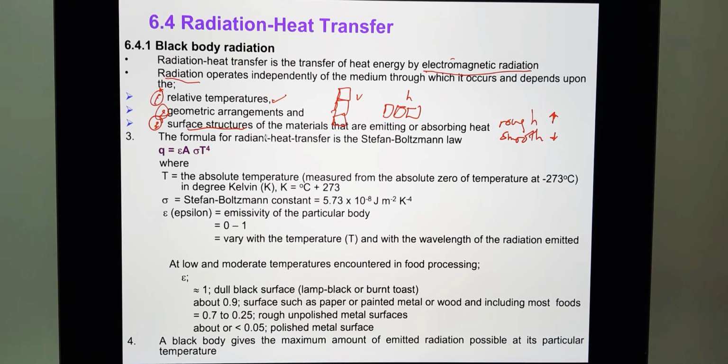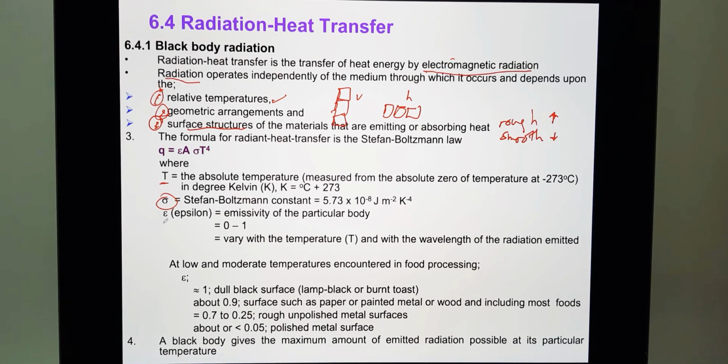Okay, the formula for radiant heat transfer uses the Stefan-Boltzmann law, whereby Q equals epsilon A sigma T to the power 4, whereby T is the absolute temperature in the unit of Kelvin. Then sigma is the Stefan-Boltzmann constant, whereby the value is 5.73 times 10 to the power of negative 8 joule per meter square Kelvin to the power of 4.